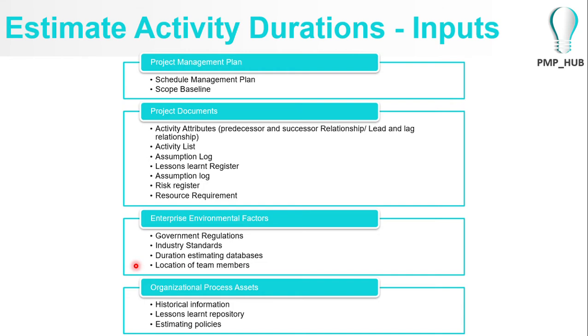Sometimes you may have to fly down your resources, or sometimes the technology that you use, as we discussed in the previous slide, might be a Skype call or remote login, through which those global resources might be able to do the activities in your project. So location of your team members is also an important factor in order to estimate the activity duration, because of flight time or whatever the travel time that needs to be considered.